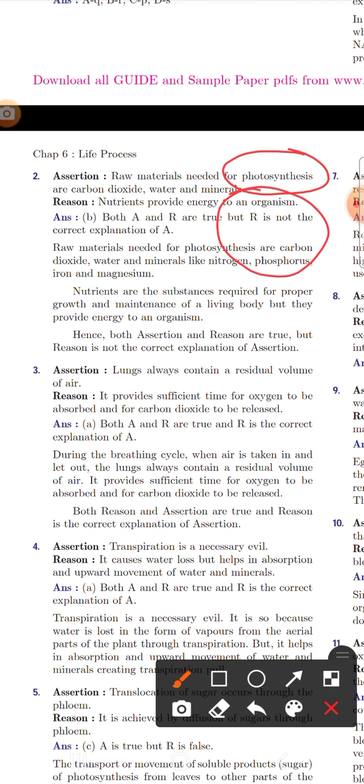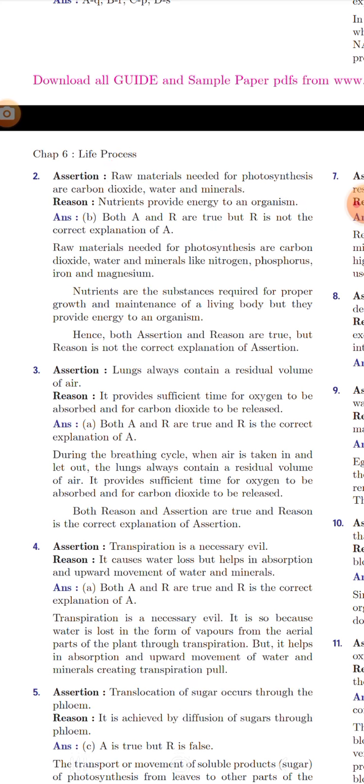It is not just plants or some photosynthetic bacteria like hydrogen bacteria, sulfur bacteria where photosynthesis is going on, but it is speaking about nutrients providing energy to all the organisms. So literally go for B, because both of them are true statements, but the reason is not explaining anything about the photosynthesis process. It is not speaking anything about the raw materials or the carbon dioxide.